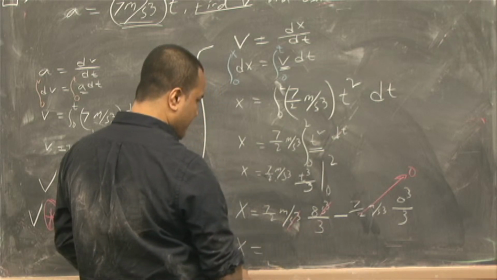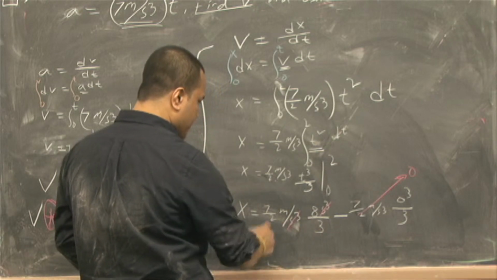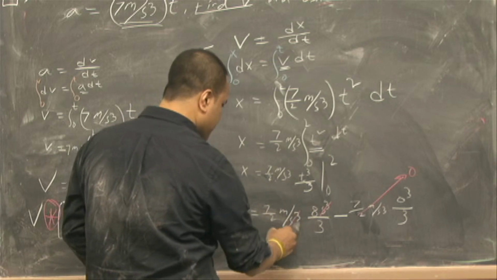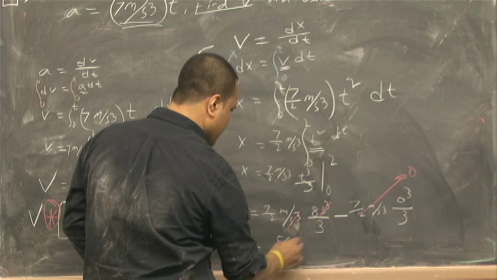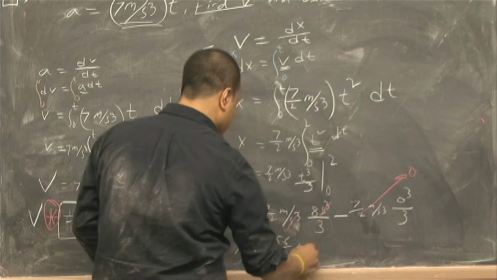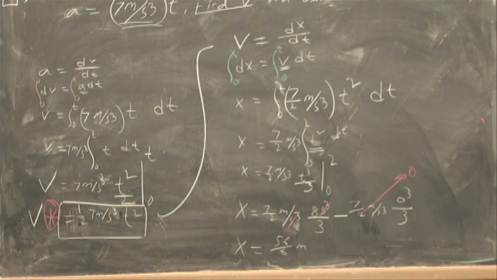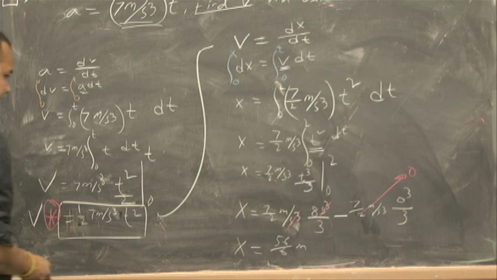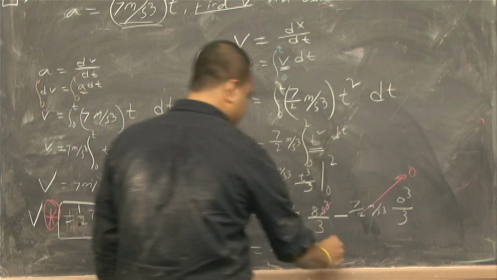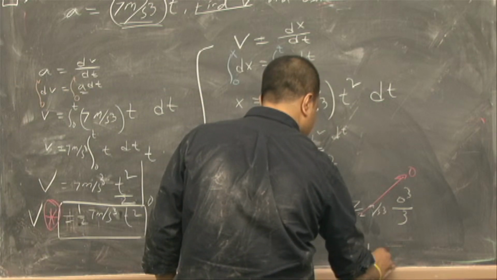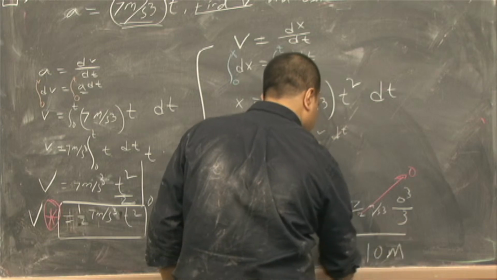So x is actually 56 over 6 meter. So 56 divided by 6 is about 10 meter. So the displacement was about 10 meter.